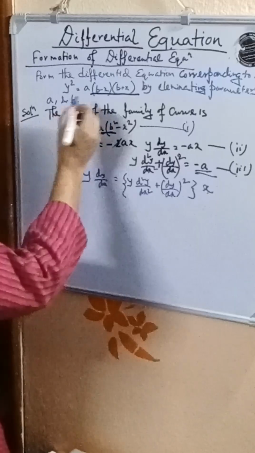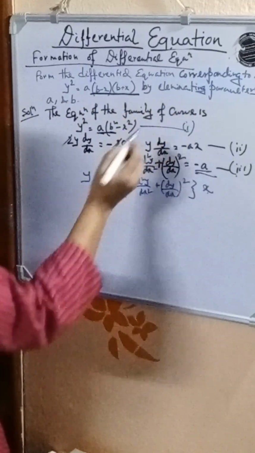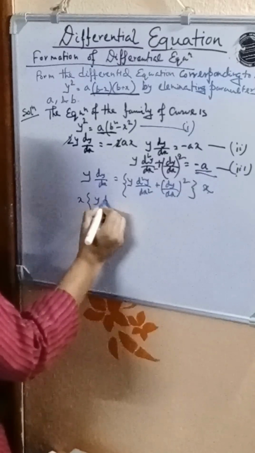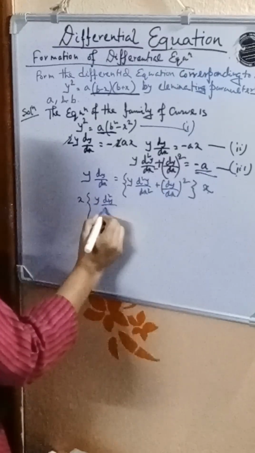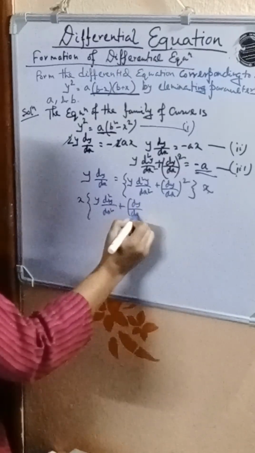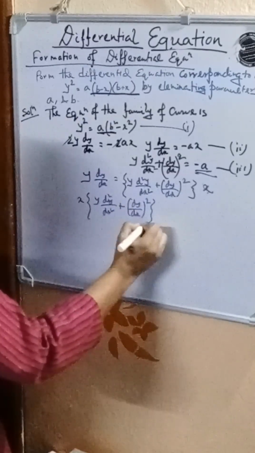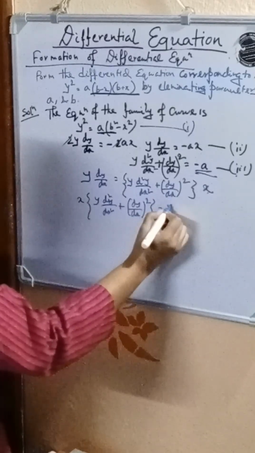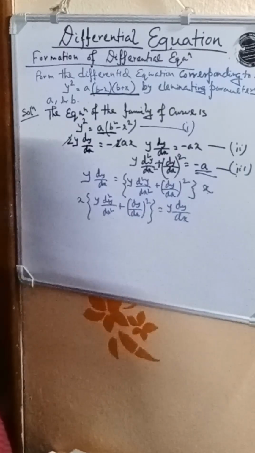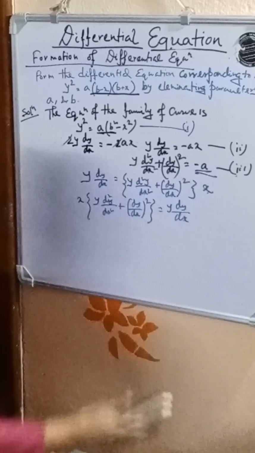So the differential equation of this curve is x y d2y/dx2 plus dy/dx whole square equals y dy/dx.